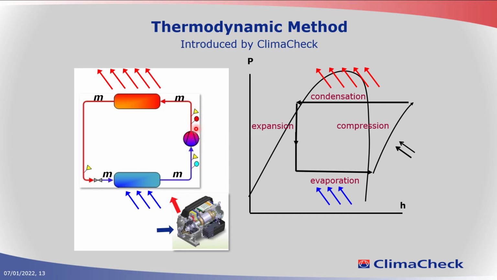And the mass flow will be the same in the whole circuit. Of course the pressures and temperatures are different, but the mass flow will be constant in this circuit. And when we have the mass flow here, we have the mass flow in the whole circuit. That means we can then calculate the heating capacity and the cooling capacity of the system. So that's very briefly how we are calculating performance on these systems with the ClimaCheck system.